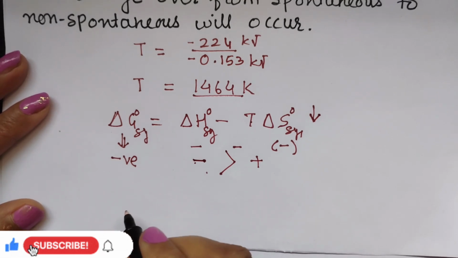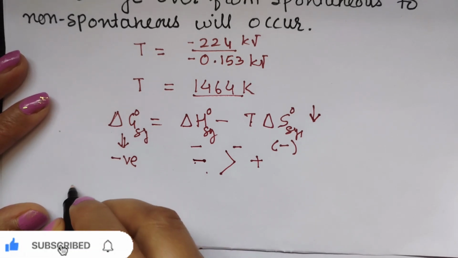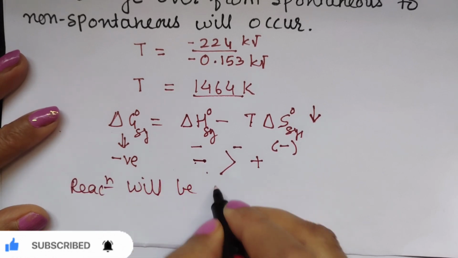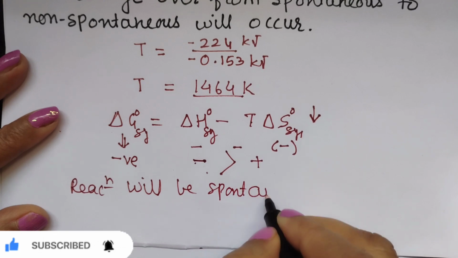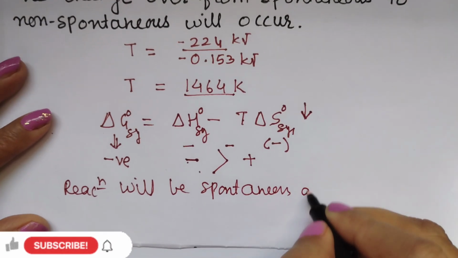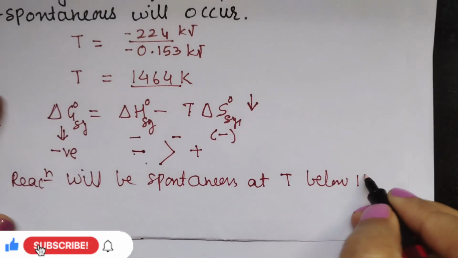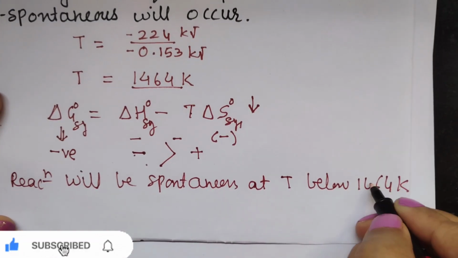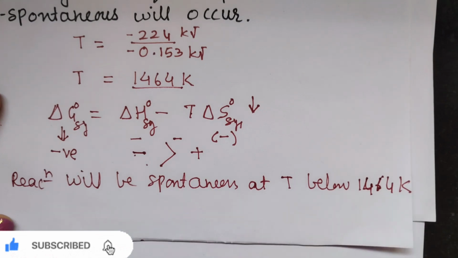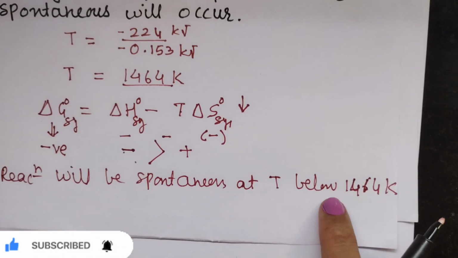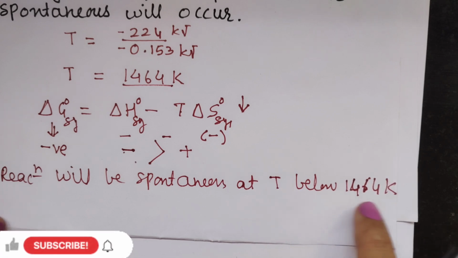So here the crossover temperature is that the reaction will be spontaneous at temperature below 1464 Kelvin. So this is what is called as crossover temperature. The reaction will be spontaneous if the temperature is maintained below 1464 Kelvin.